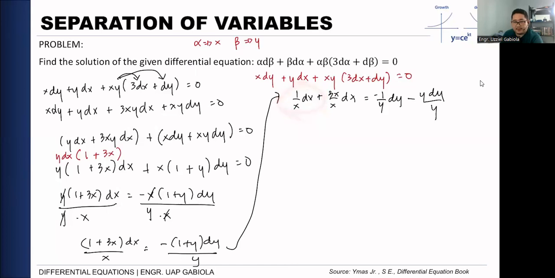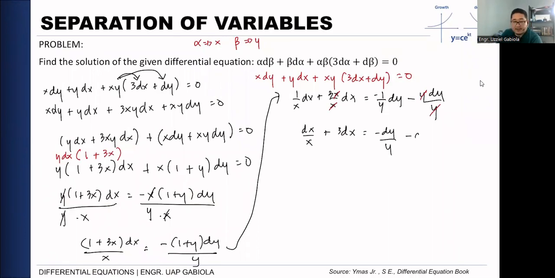Okay? And now we can cancel out yung mga pwedeng i-cancel out. Dito, pwede cancel out sa second term si x. Dito sa kabila, pwede si y cancel out. Pag simplify natin, this will be now dx over x plus 3dx equals to negative dy over y minus dy.